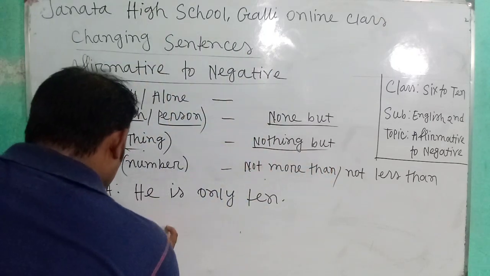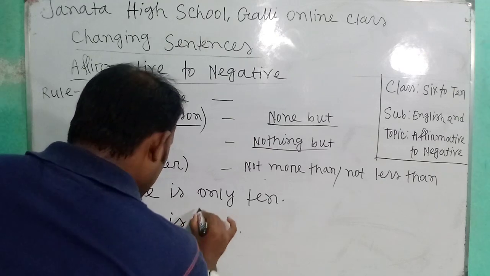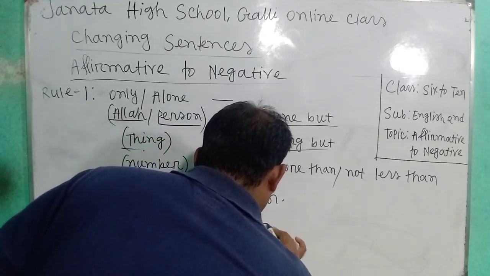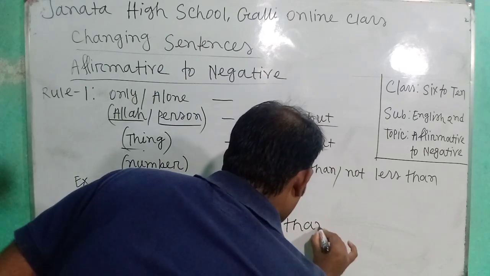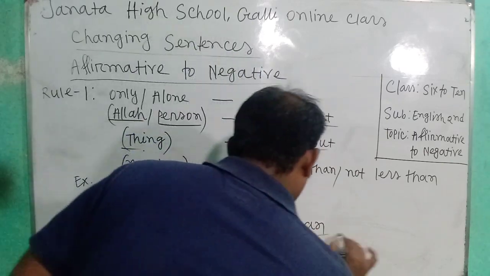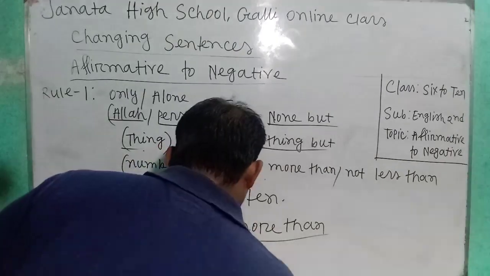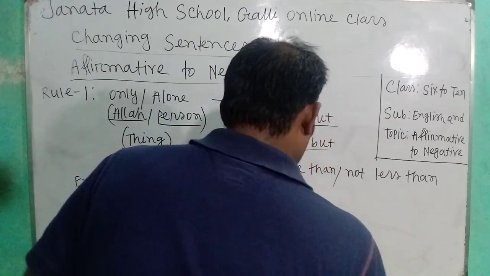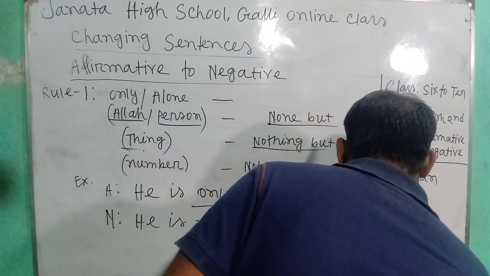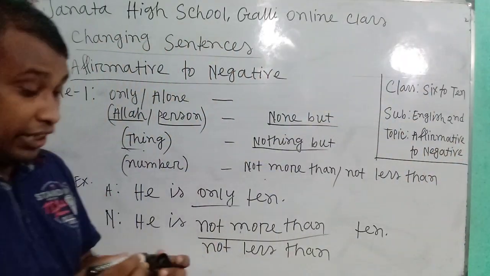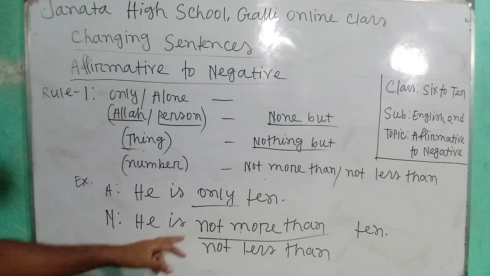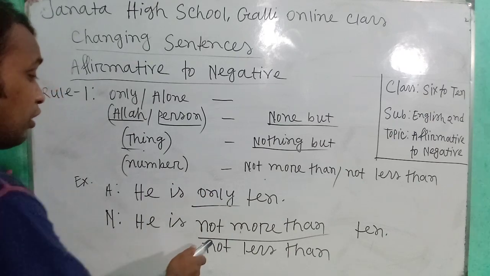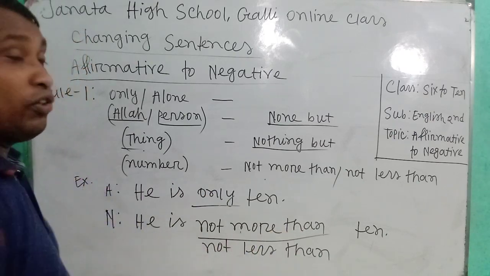Negative: He is not more than or not less than 10. Okay, dear students, if we find only before any number, we have to use not more than or not less than.